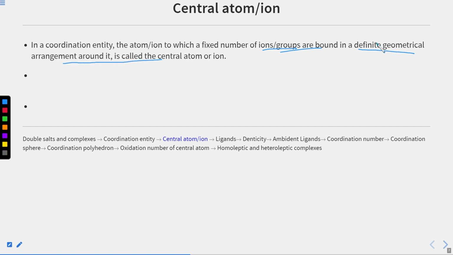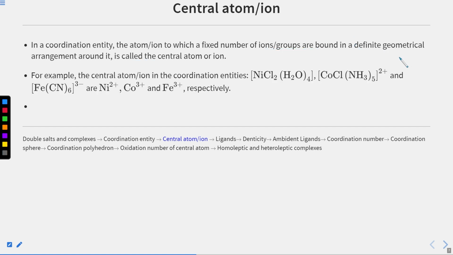This should be made clear: we have seen the difference between primary and secondary valency, and there we have seen that secondary valency is directional in nature, meaning its arrangement is fixed. So that is mentioned here, that around the central metal, the ions or groups are arranged in a certain geometrical arrangement.